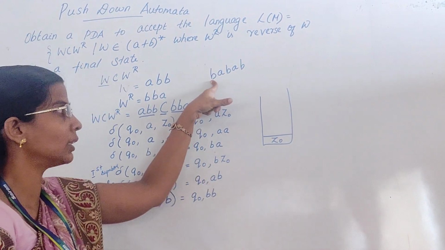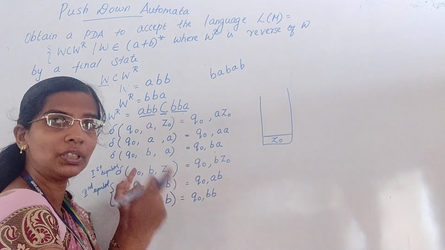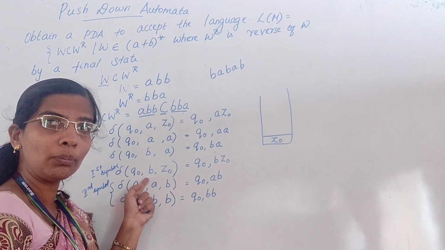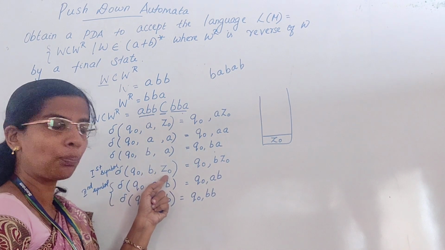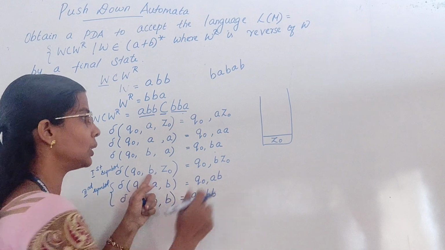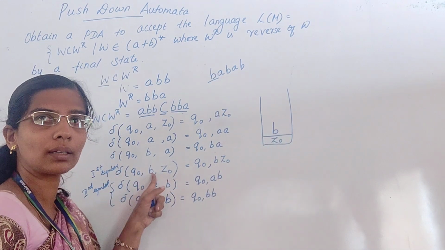B. Out of these 6 transitions, which transition will be used? This transition will be used. Why am I using this transition? This transition shows stack empty and the first input symbol is B. So what am I doing? I am pushing this B inside your stack.